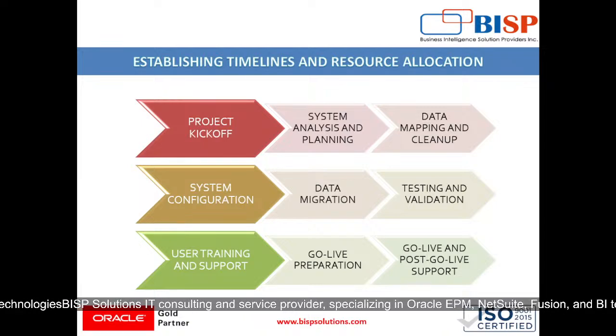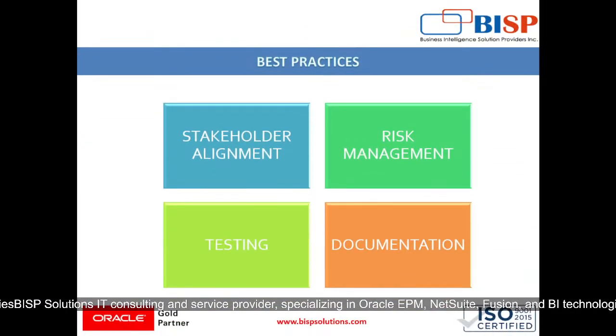Then best practices, where we will be aligning stakeholders, which means we will regularly communicate with stakeholders about the progress of the project. And risk management, which means identifying potential risks and preparing contingency plans.